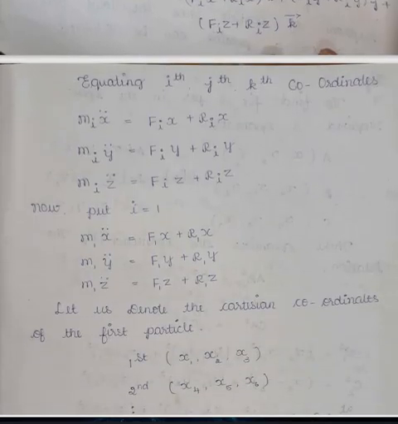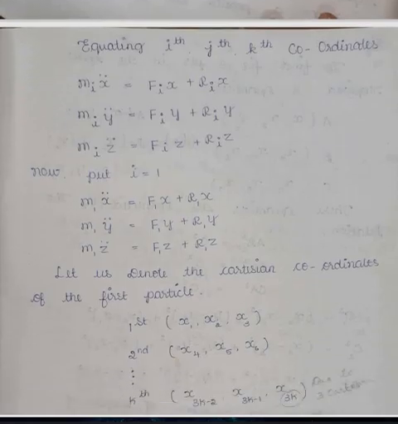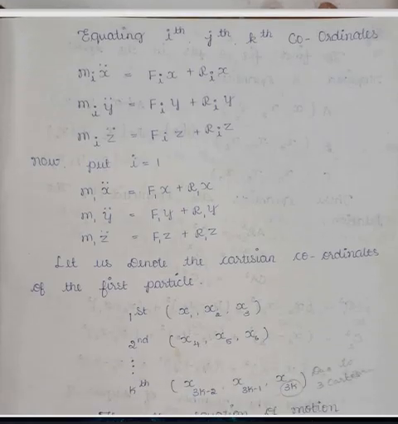Equating the ith, jth components, the coordinate equations are mi x double dot equals Fix plus Rix, mi y double dot equals Fiy plus Riy, mi z double dot equals Fiz plus Riz. Putting i equal to 1: m1 x double dot equals F1x plus R1x, m1 y double dot equals F1y plus R1y, m1 z double dot equals F1z plus R1z.